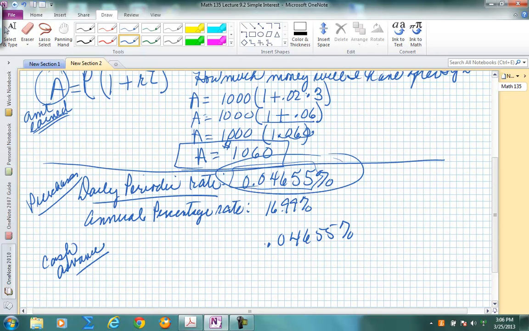So the decimal 0.004655, that's going to be the percent changed to a decimal. So watch that when you work with the daily periodic rates.